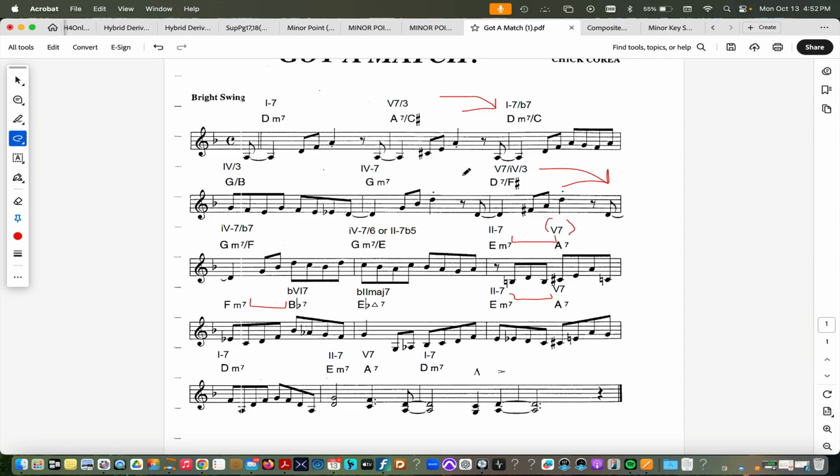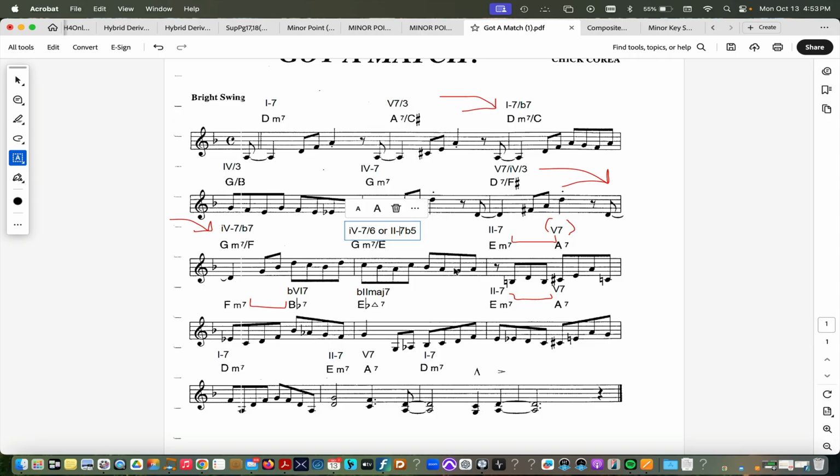4 minor 7, 5 7 of 4 over its third, arrow because root motion is down a fifth even though bass motion is not down a fifth. 4 minor 7 over flat 7. Now this is a tricky one. E is not a chord tone when there's a 7, because it would be a tension then. So really the effect of this chord, you may have written this, but more correct would be 2 minor 7 flat 5.